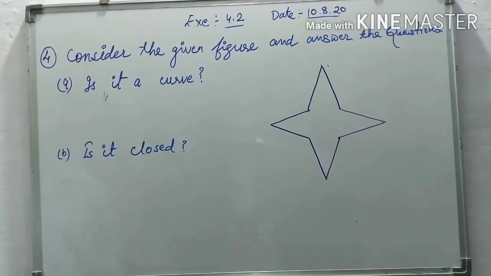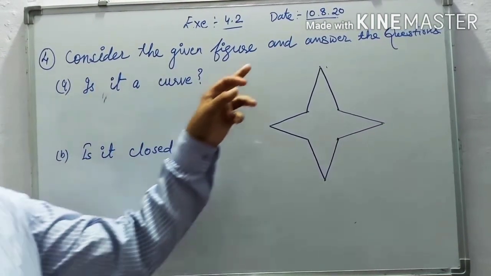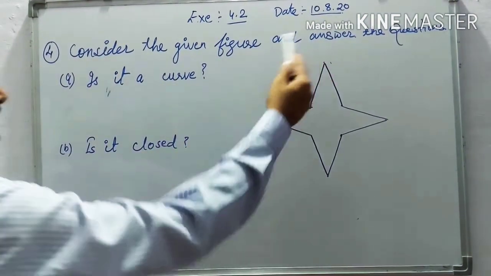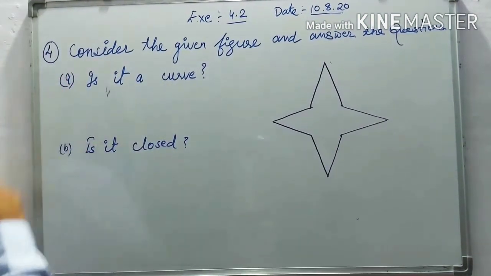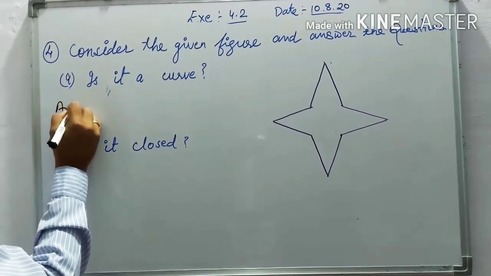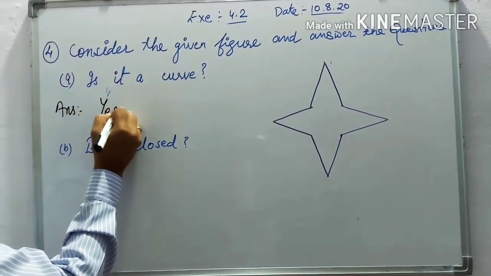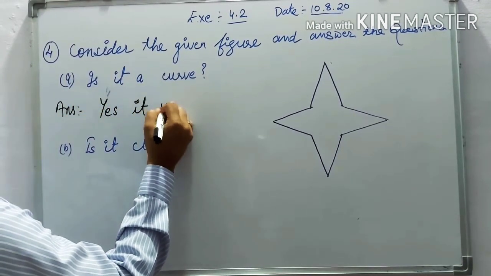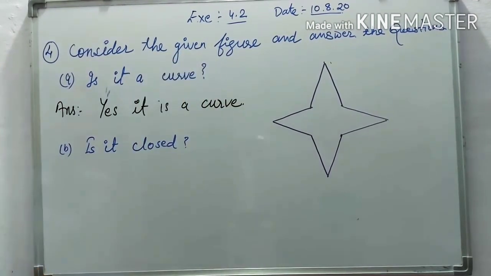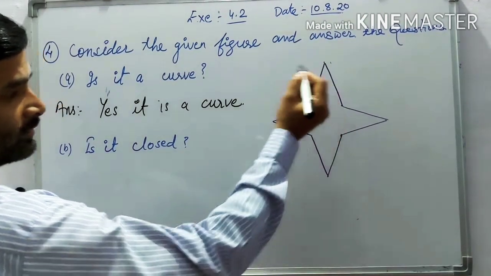Now the next question is: consider the following figures and write the answers. This is the figure given, and the first question asks: is it a curve? Your answer is yes, it is a curve, because there is no open point.